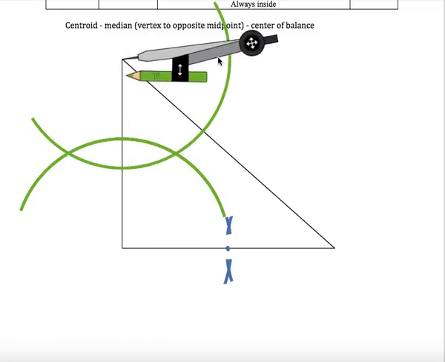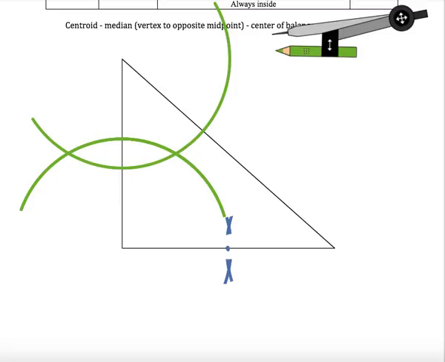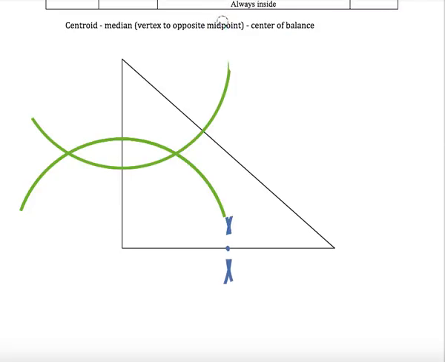I'm going to clean it up a little bit so that I don't have quite as many things going on when I look at constructing these medians. So right now I'm just going through finding the midpoint of each side. I'm going to take out the middle so that all I see in the middle is that midpoint.